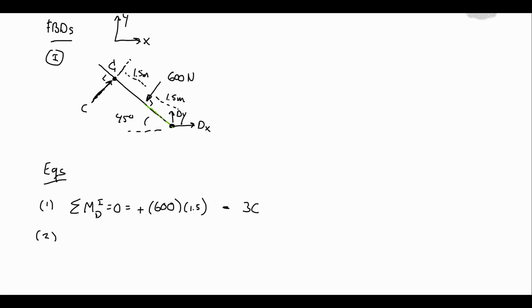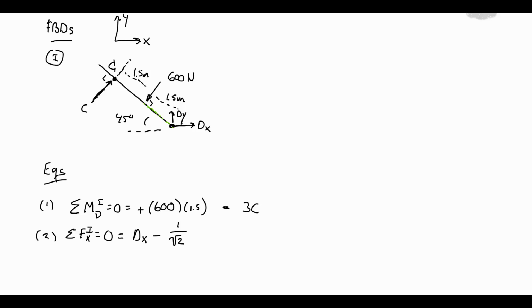Now, let's write the forces. Let's do X in picture 1. We are going to have dx minus, this 600 is making a 45-degree angle with the vertical, also with the horizontal. So we need its horizontal component. I'll just write it as 1 over root 2 or root 2 over 2, the same thing.